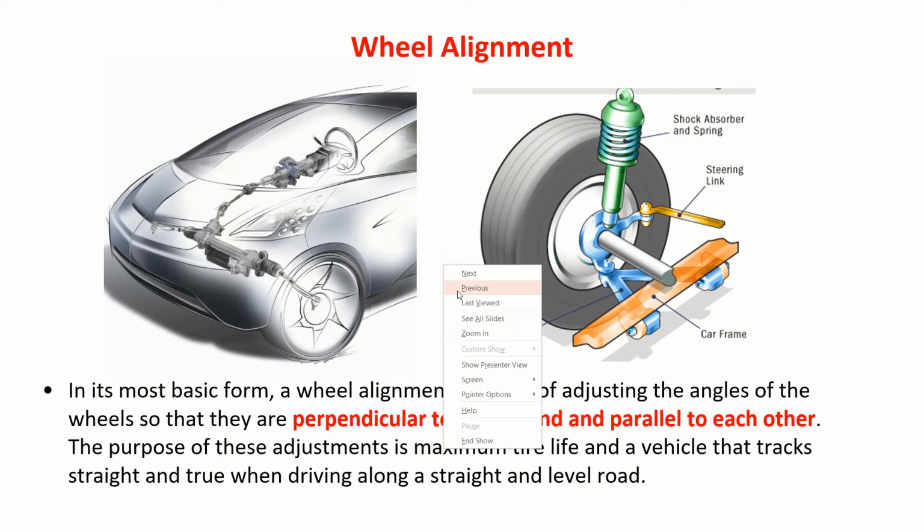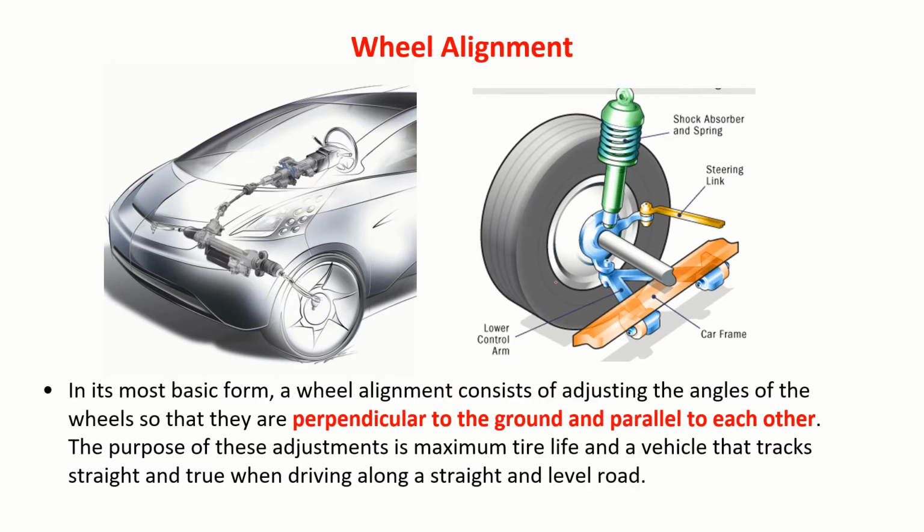Basically, if you see here, the wheel, then this you call the steering knuckle. We have the steering knuckle. Then this is the frame of the vehicle. To this frame of the vehicle, the wheel has been suspended.